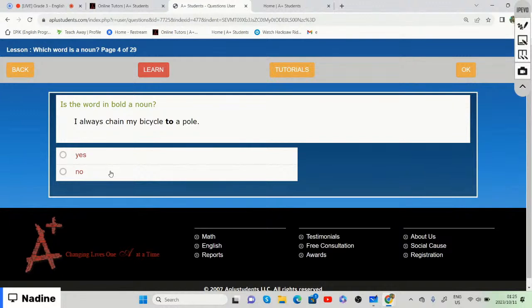All right, so if the word to within the sentence is a noun, so the sentence is, I always chain my bicycle to a pole. Some are saying no, some are saying yes.